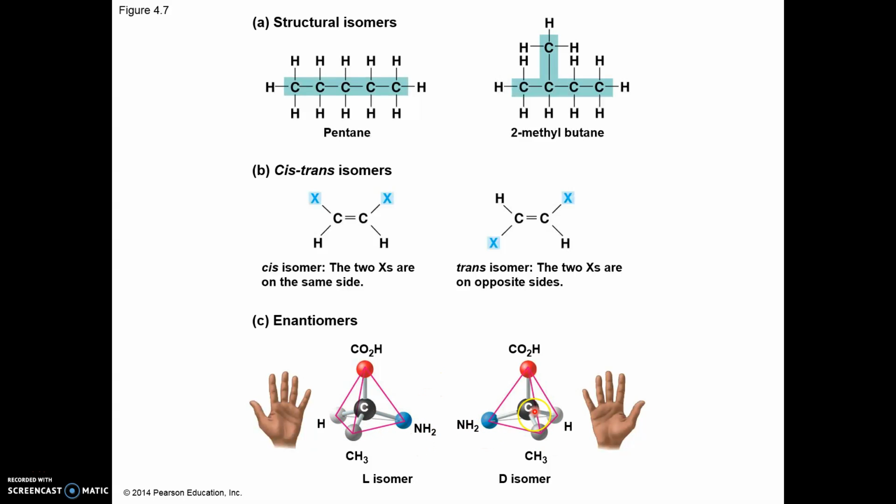So if you tried to put this over in this slot, you could engage two of the three sites that are sitting down on the bottom, but you couldn't engage the third one.